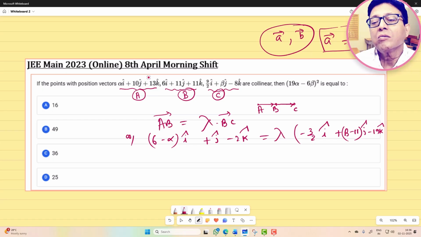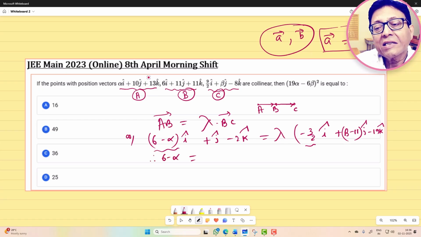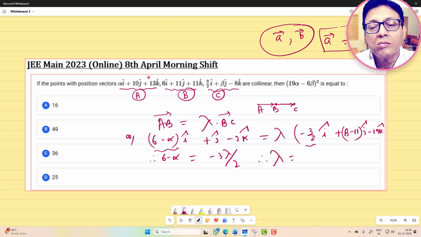So now the coefficients of i here and here are comparable. Therefore 6 - alpha equals -3 lambda by 2, or lambda equals 2 into (6 - alpha) by -3.